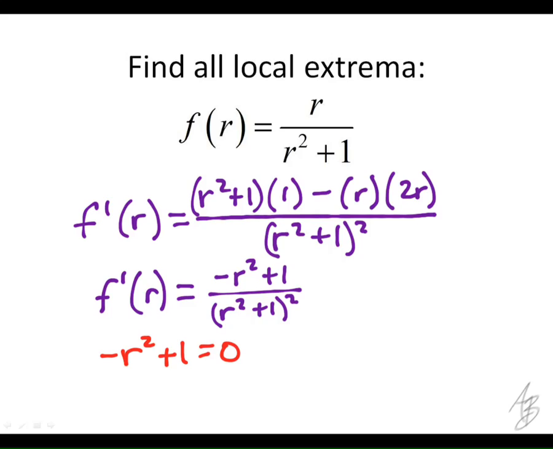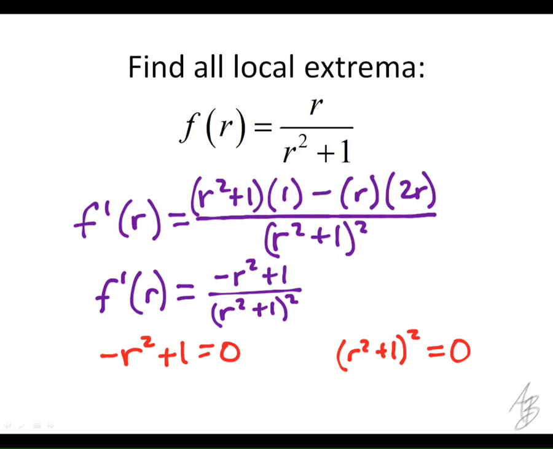And we'll get some critical points out of that. We'll come back to it. When else might we get critical points, though? It's not just when the derivative equals 0, but when the derivative is undefined. What in this problem here would make the derivative undefined? If the denominator is equal to 0. So we're also going to set r squared plus 1 squared equal to 0.